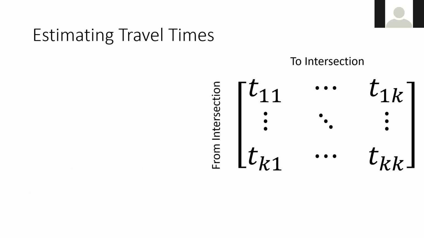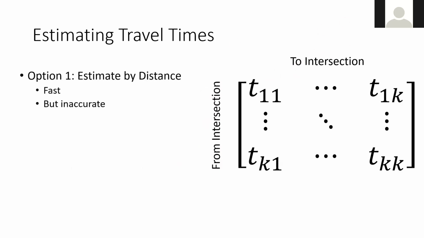We want to pre-compute for each of the intersections that we're interested in, and that means the depots. We want to make a 2D array or matrix that stores the travel time from every intersection to every other intersection.